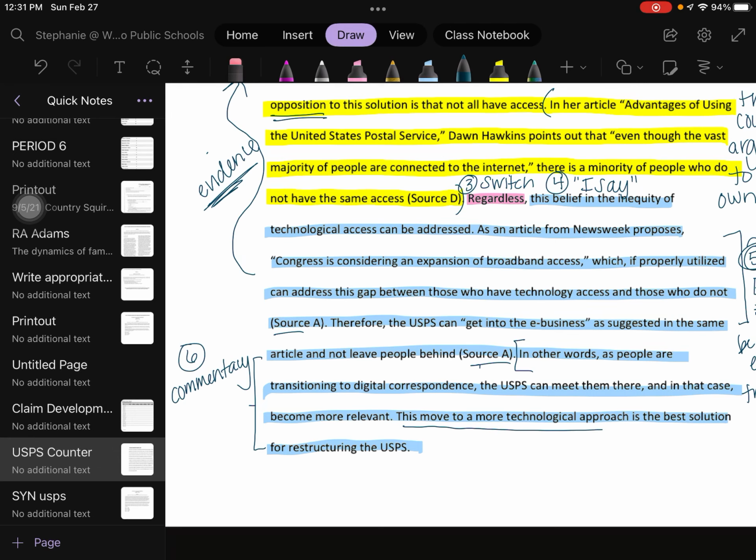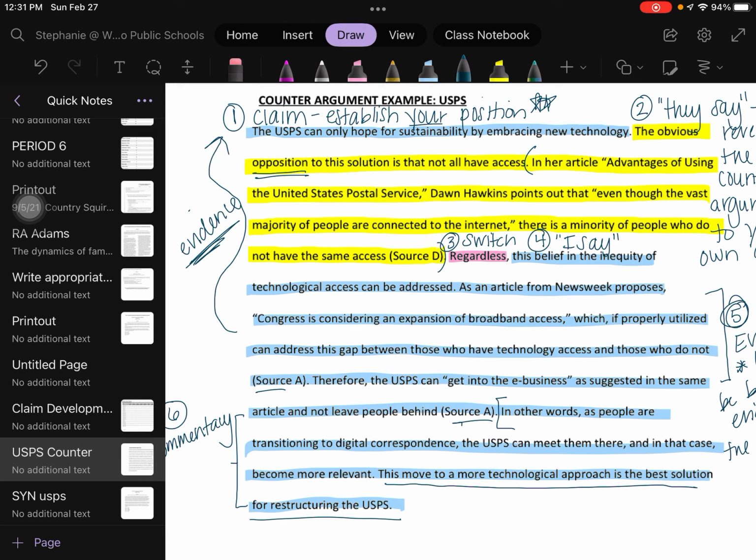So looking at this last sentence in particular, if you compare that with our original one, you'll notice that they're very similar. It's kind of just a restating of our claim, right?